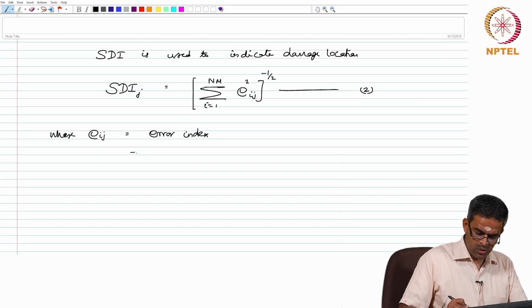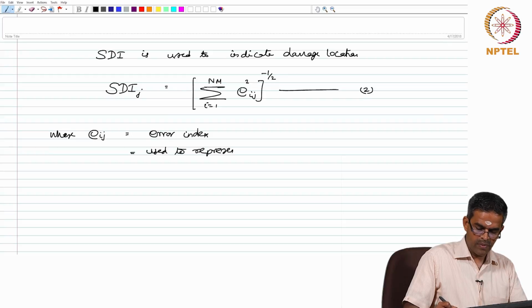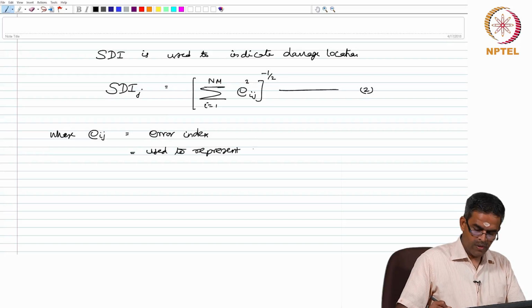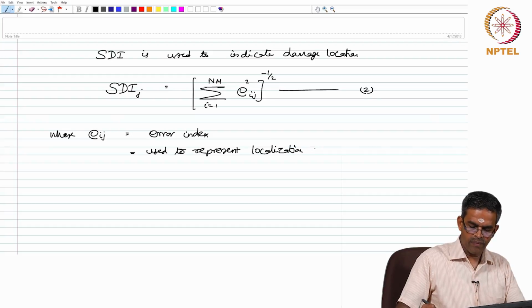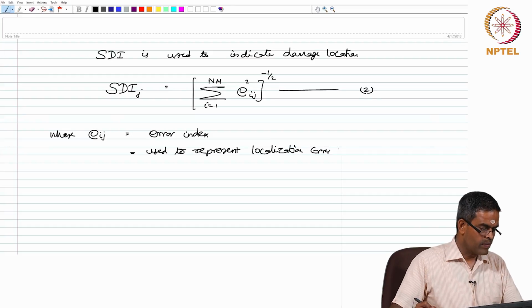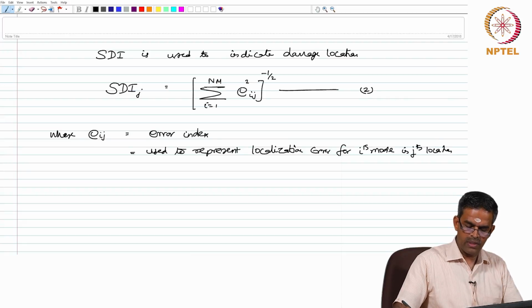This is used to represent localization error for ith mode in jth location, that is why it is E_ij.